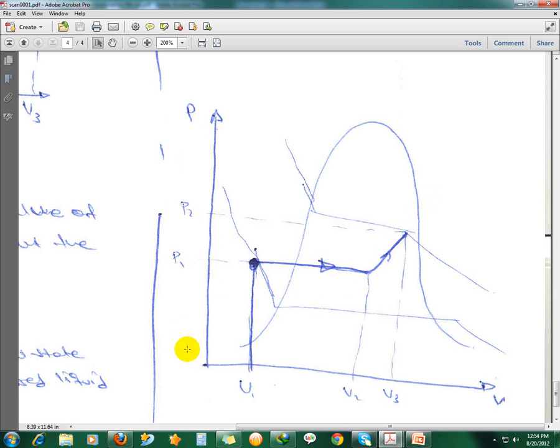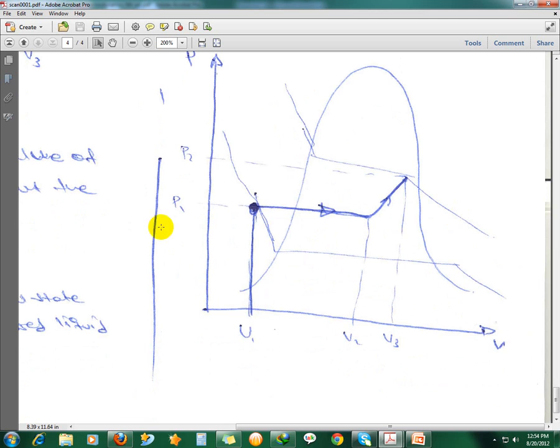This is the process on a PV diagram with the saturation line, and this is a constant temperature line for T1, which is 25 degrees centigrade, and this is a constant temperature line for T final, T3, around 147.9 degrees centigrade. Okay, then this will be the end of the example.